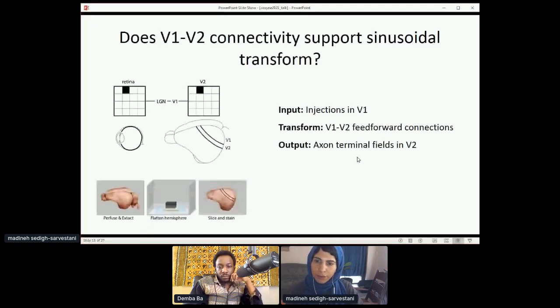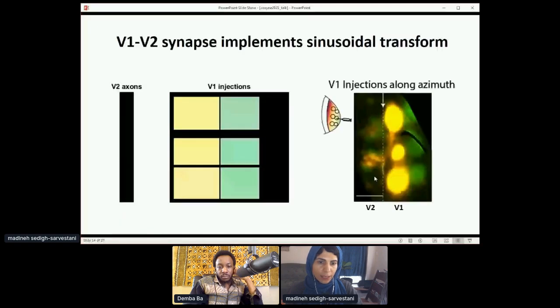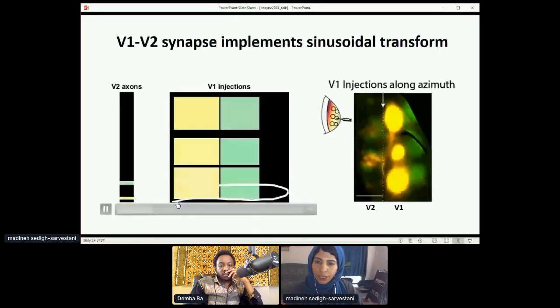So here I've made a coarse azimuth map in V1 by injecting yellow tracers along the central representation near the vertical meridian border, and green tracers along the more peripheral portions of V1. And I'm going to now run the simulation as before. And you're going to see two sets of holes.